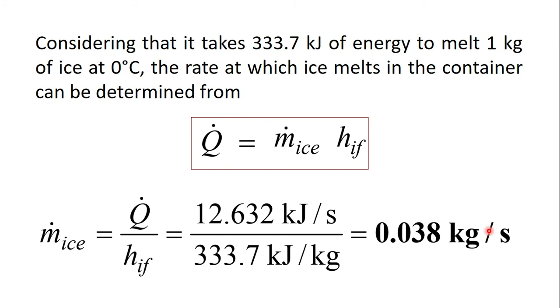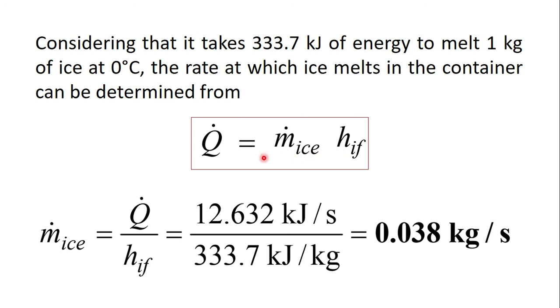We are given the heat of fusion in the question statement, that was 333.7 kilojoule per kg, which means that it takes 333.7 kilojoule of energy to melt 1 kg of ice at 0 degree centigrade. So we have the formula, that the rate of heat transfer is equal to the rate at which the ice melts into water inside the container multiplied by the heat of fusion.